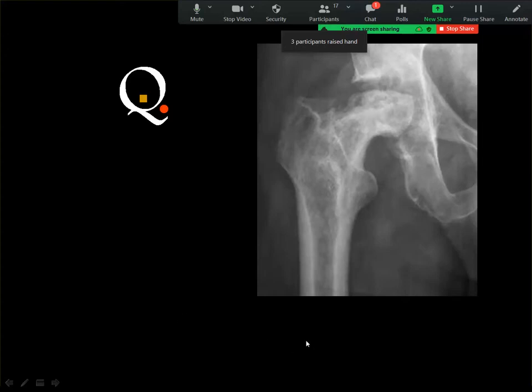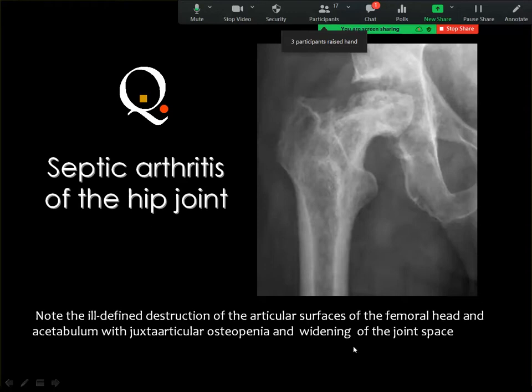Septic arthritis. Yes, and this is right. Of course, whenever you are dealing with any joint, you should look carefully where the disease is. Is it in the femoral head only, or does it also affect the acetabulum?